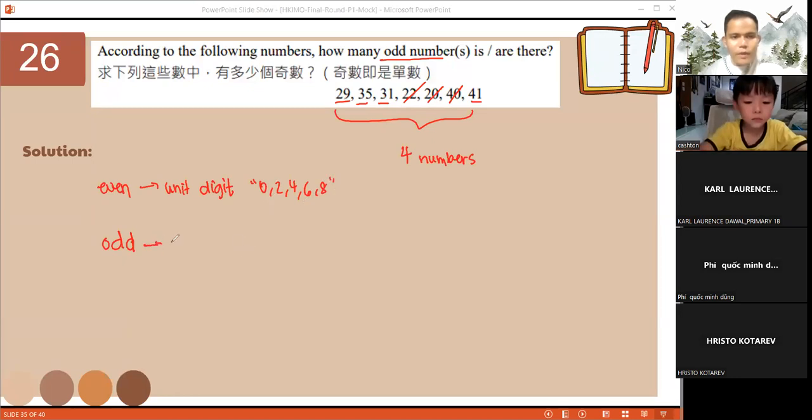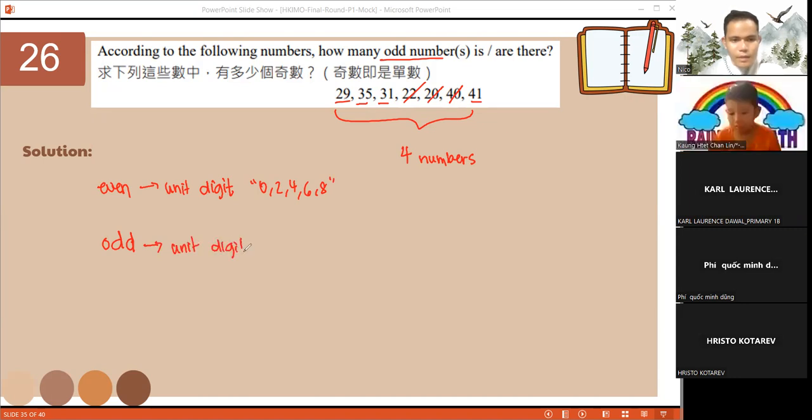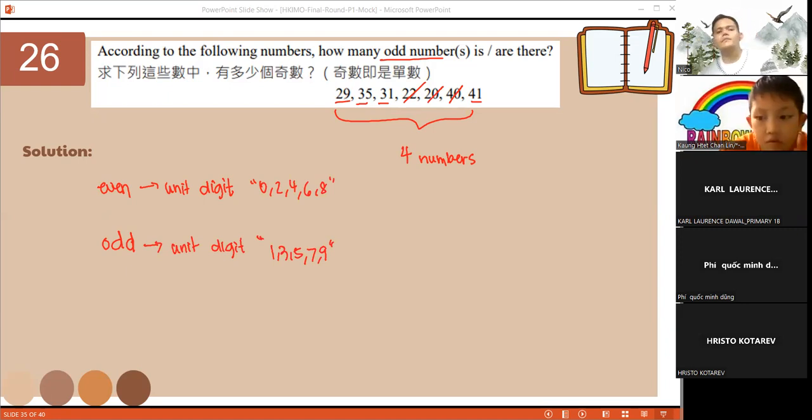Well, for odd numbers, the unit digit is 1, 3, 5, 7, or 9. Everyone, you need to remember this one, okay? I'll give you time to copy.